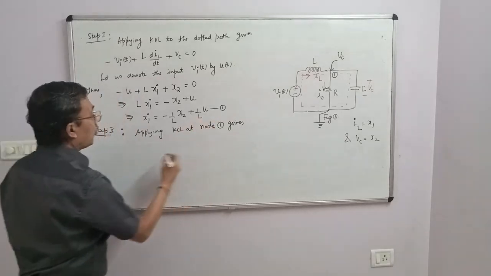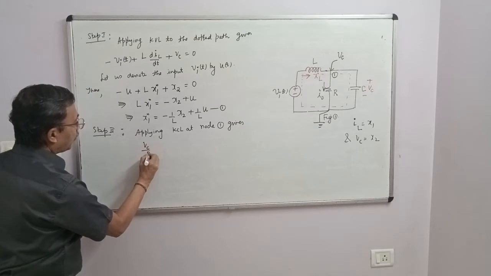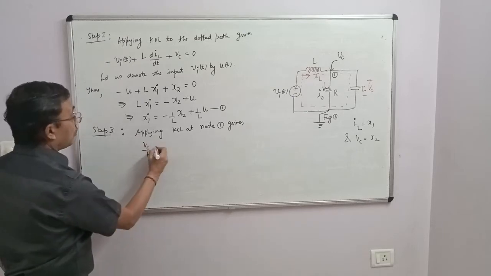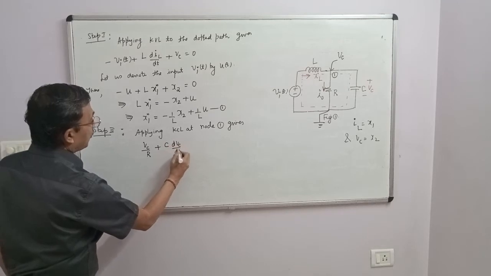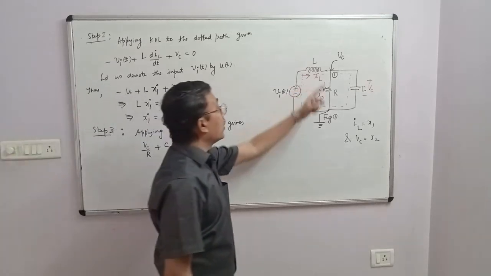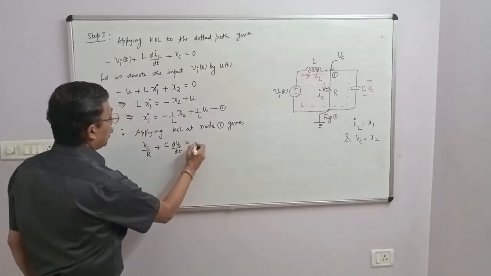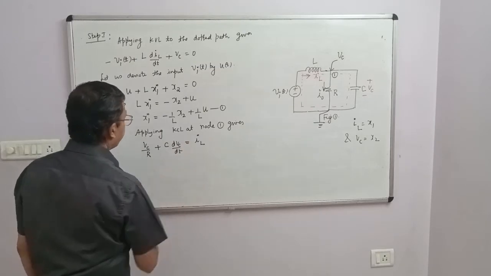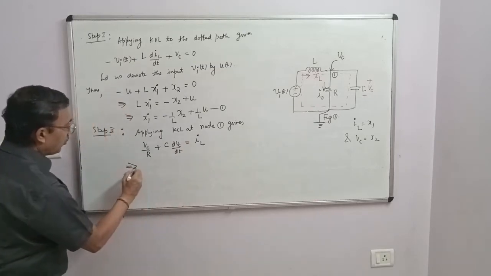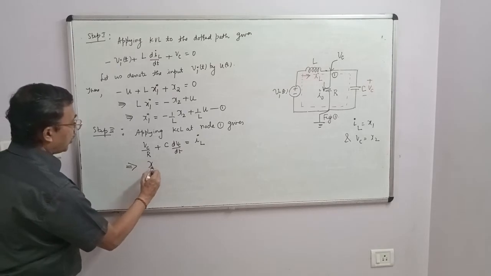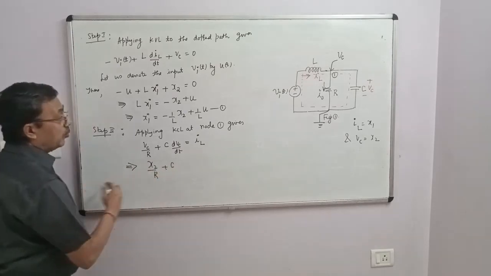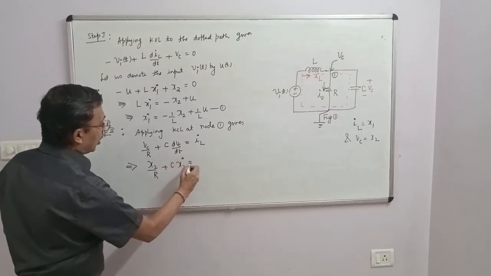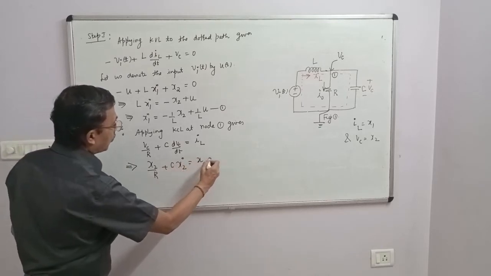current through the resistor is what? Vc divided by R. Current through the capacitor is what? C into dVc by dt. These two currents are leaving node 1. That must be equal to current entering, which is IL. This implies, Vc is x2, x2 divided by R plus C, dVc by dt means x2 dot, IL is x1.